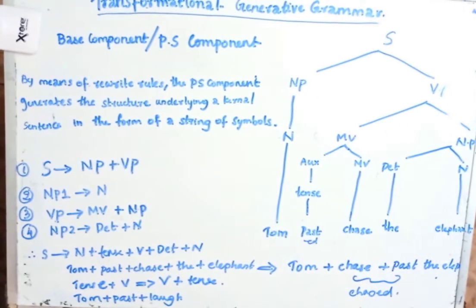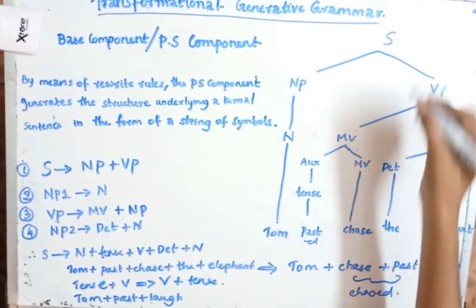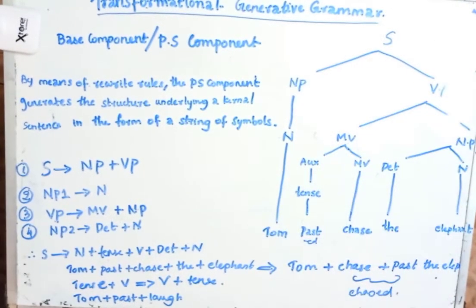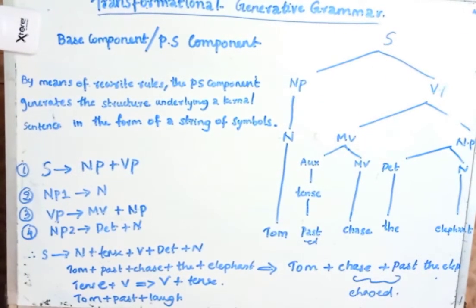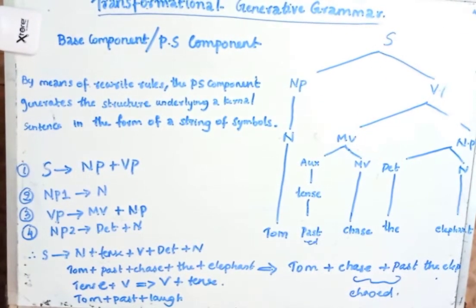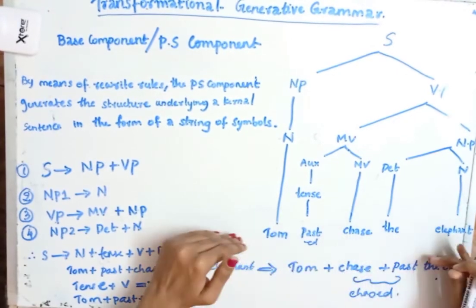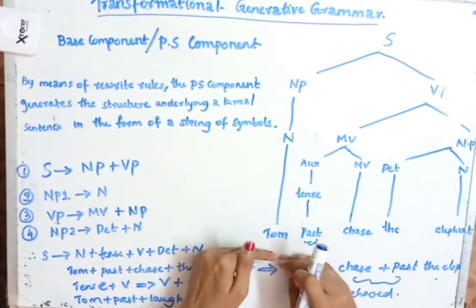the sentence Tom chased the elephant as an example. Now the sentence can be divided into a noun phrase and a verb phrase, right? So here we have Tom.